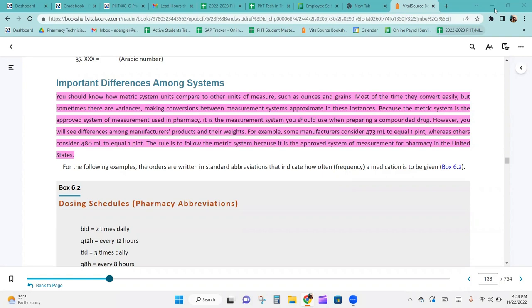However, you will see differences among manufacturers' products and their weights. For example, some manufacturers consider 473 ml to equal 1 pint, whereas others consider 480 ml to equal 1 pint. The rule is to follow the metric system because it is the approved system of measurement for pharmacy in the United States.